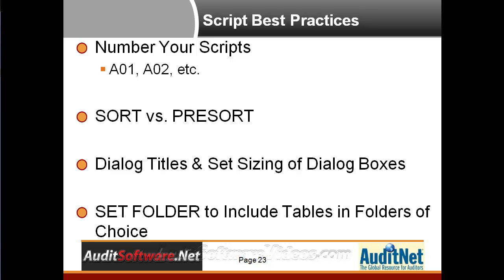So in ACL you have options in the summarize command and the join command to not pre-sort the file. What you can do in those cases is just deselect that, or in your script, don't write the word pre-sort, and sort the two files that you're going to join prior to doing any sort of calculations. If it's a summarize, again, sort the file first, then do a summarize.